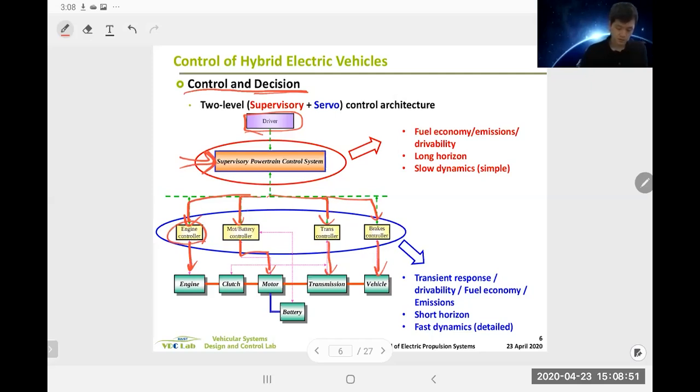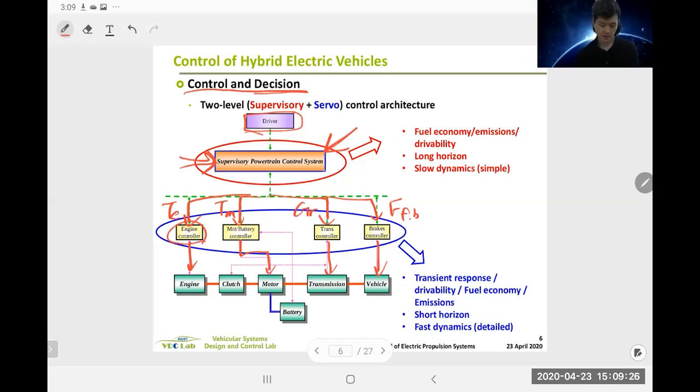Usually this is engine torque, motor torque, which gear, and then friction brake. This guy is very important. And in this course, we're going to focus on this controller, okay?